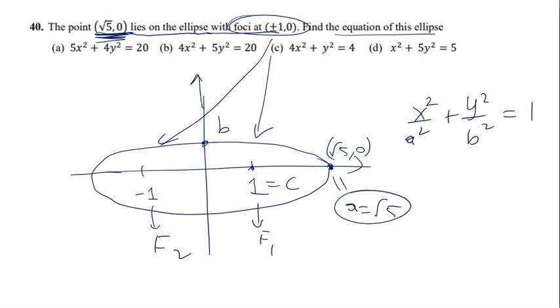So what's the relation between a, b, and c? Here a is bigger than b, right? Because here the focus is on the major axis and this is bigger. So a is bigger than b.